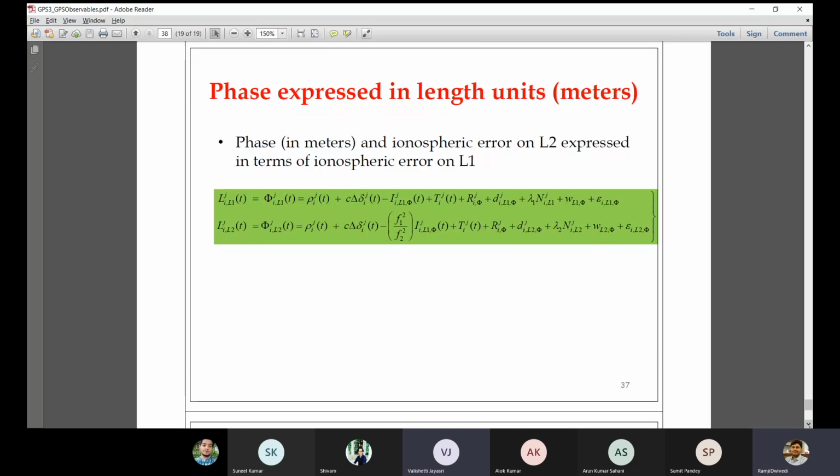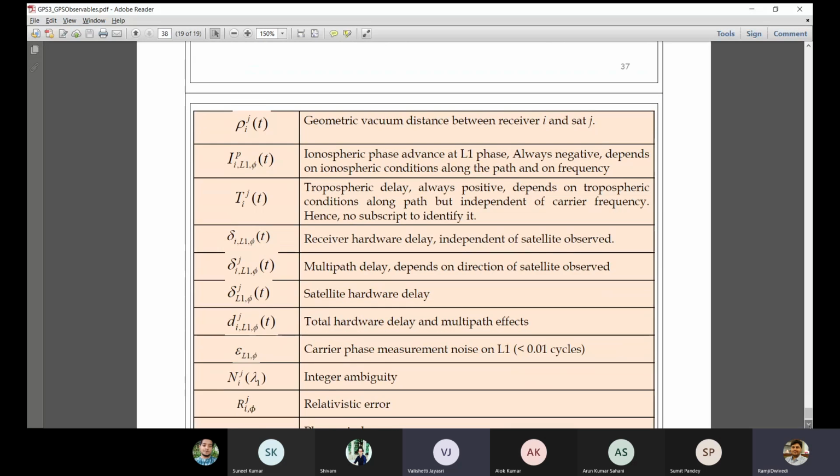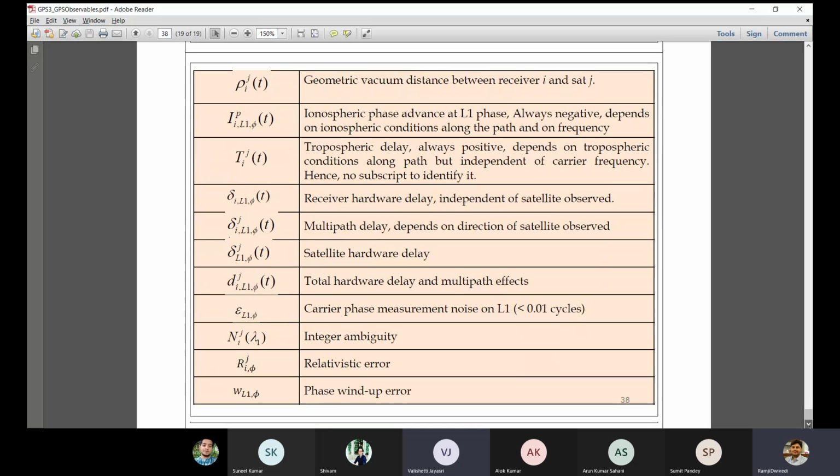Now, individually, if we want to see the different components, these are the components.